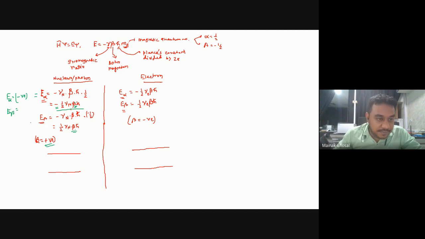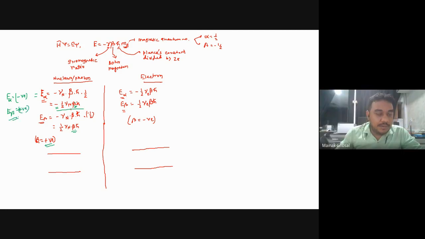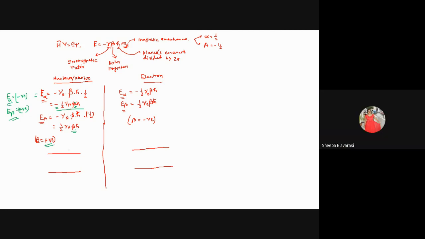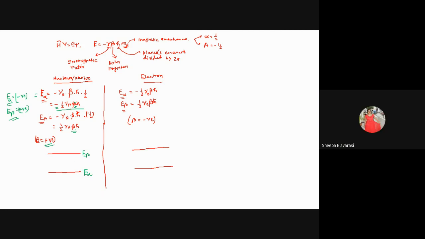So E beta will have higher energy than E alpha. Here, in the case of the nucleus, E alpha will have lower energy and E beta will have higher energy.